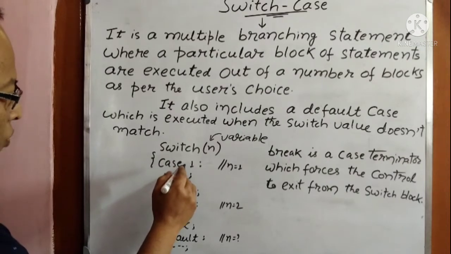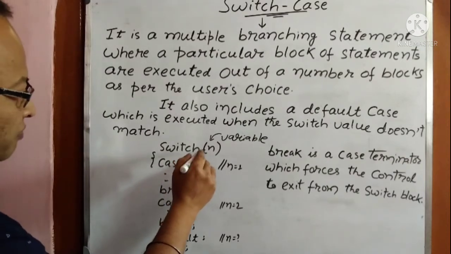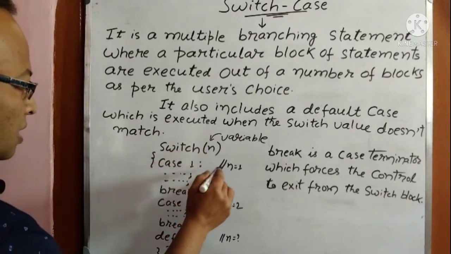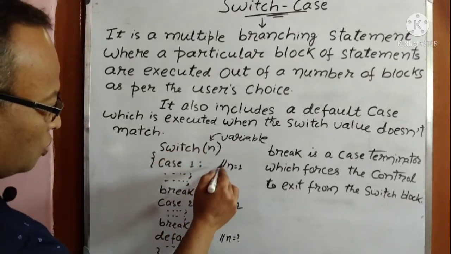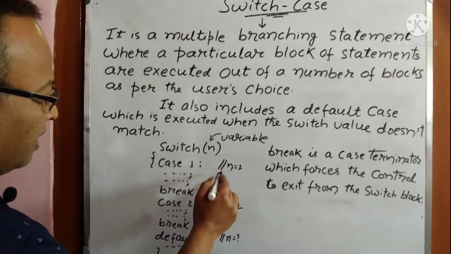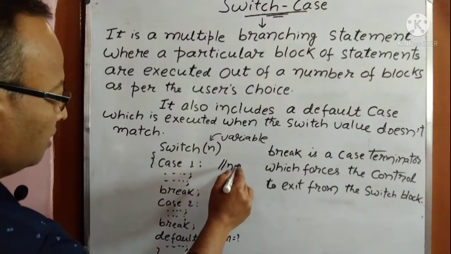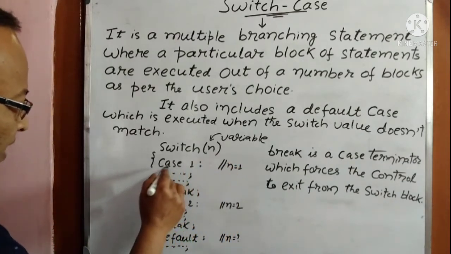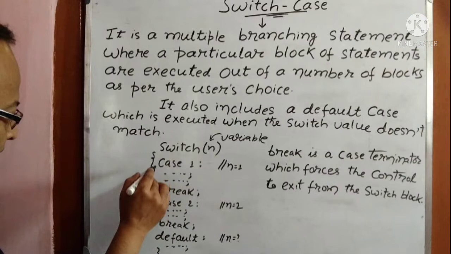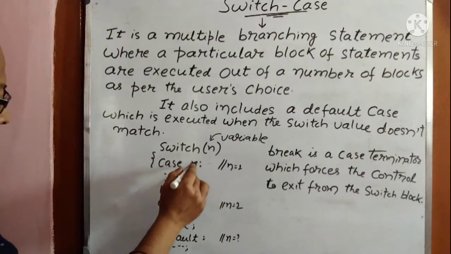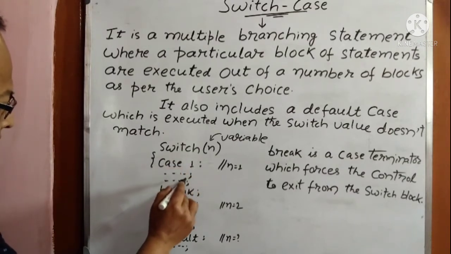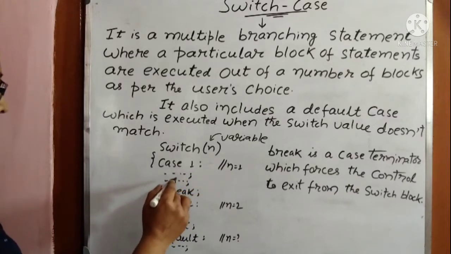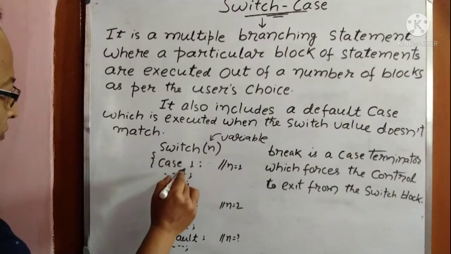So what is 1? 1 is the value of the variable which the user will input. See, I have written over this a comment line. So n is equal to 1, that means the user puts the value of n as 1. Then it will come to this block, case 1, then colon. Then these are the statements which will get executed if the value of n is 1.